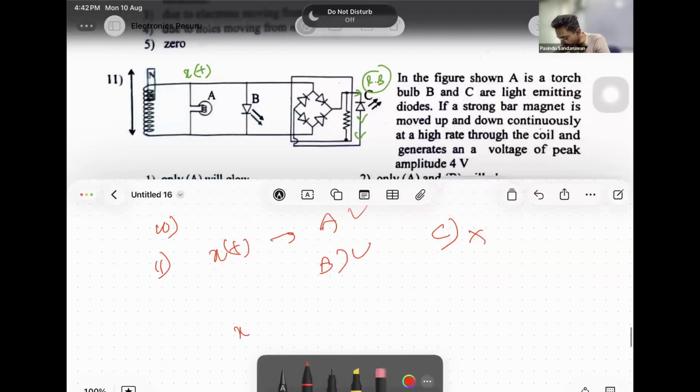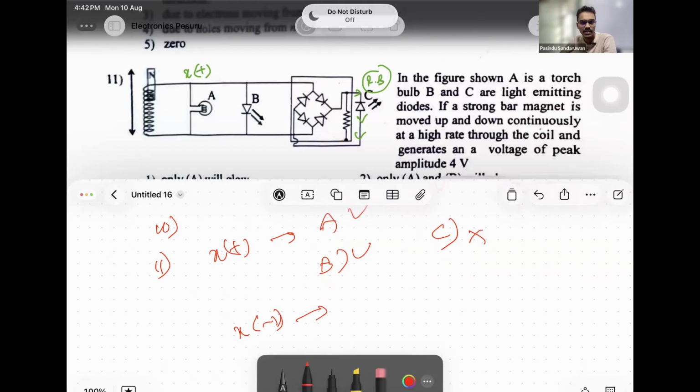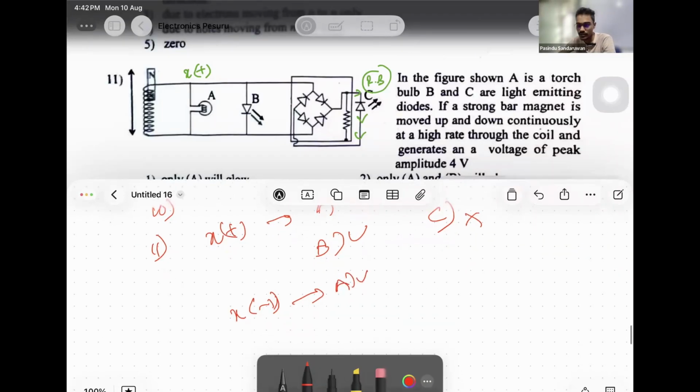Now, if you check when x is minus, the filament bulbs work either way because they don't have plus and minus terminals. Then A is definitely working. And B is now reverse biased, so B is not working if x is negative.